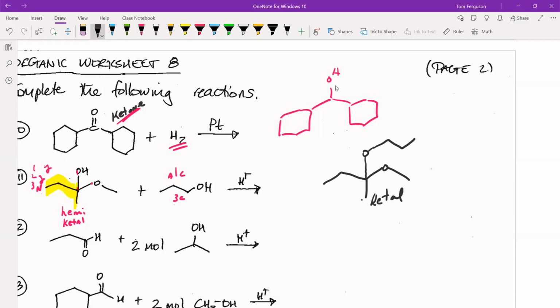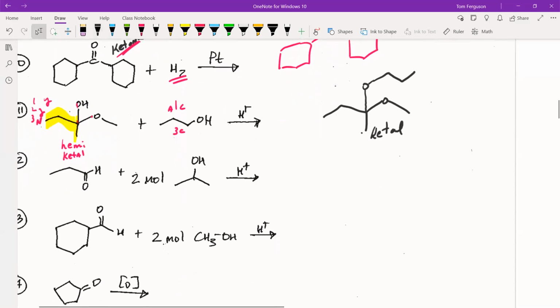Right? All right. So here we have an aldehyde and 2 alcohols, and that's propanol.